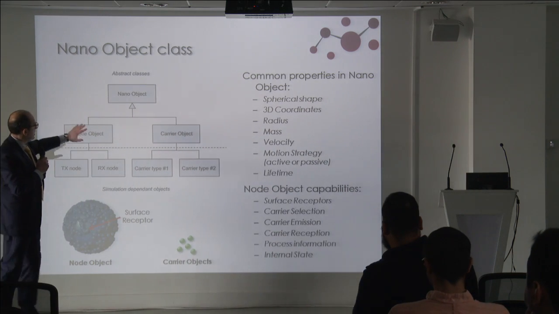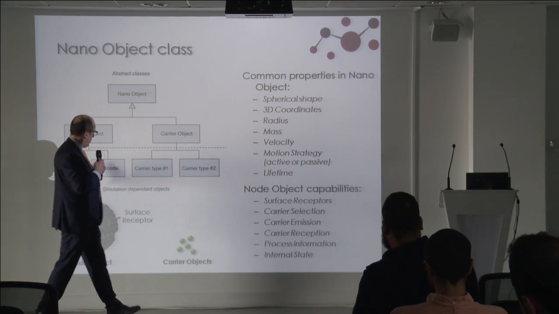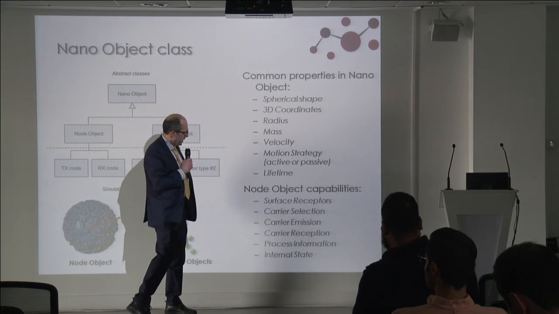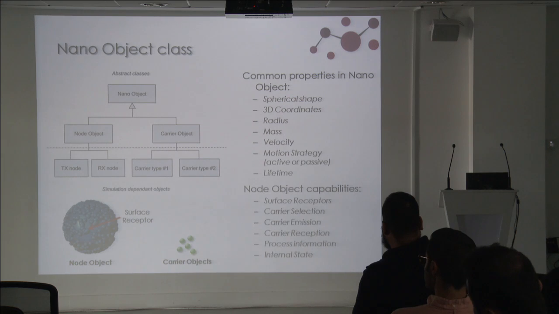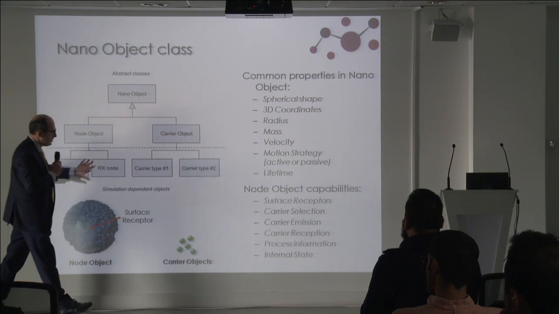These are the general features of an object. For the node objects, we can specify surface receptors, carrier selection, carrier emission, carrier reception, processing information, and internal states. So we can go into deep detail in these nodes.